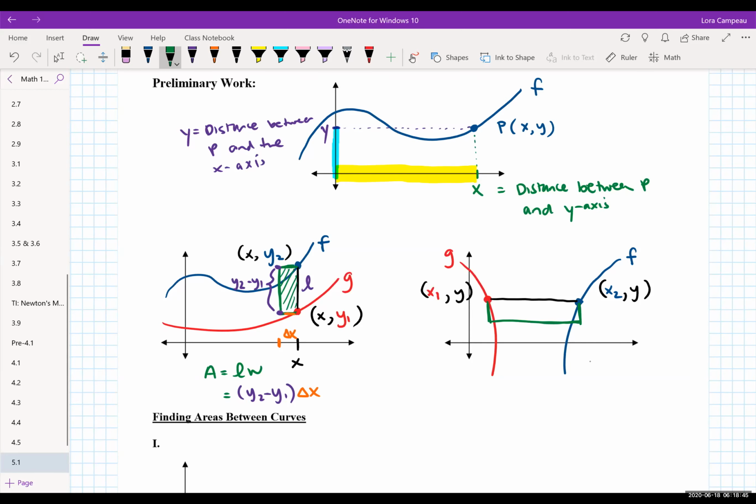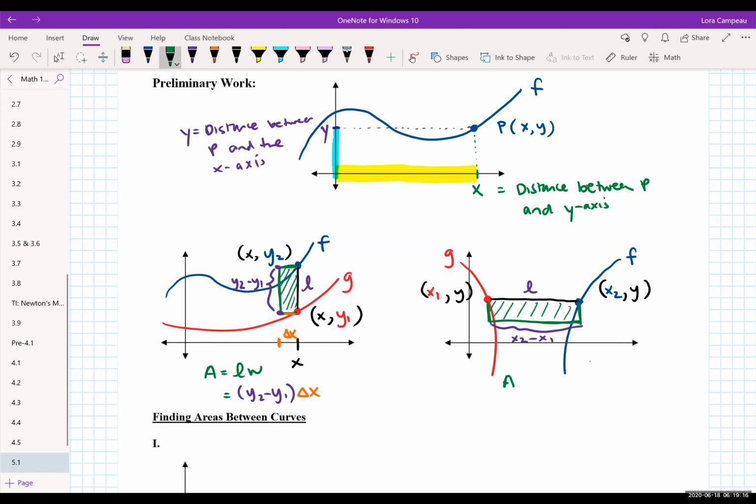If you want to specify what our length is, just like we did earlier, we're going to have to realize that the length would be the difference of the x's. Another way to write it, absolute value if you want, but we would also say that's x2 minus x1, the larger point minus the smaller point.